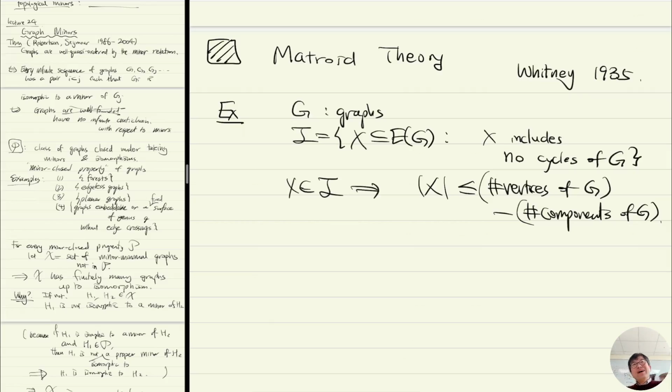Because if you have no cycles, then it's a forest. The number of edges of a forest is at most the number of vertices minus the number of components. That's one known fact.